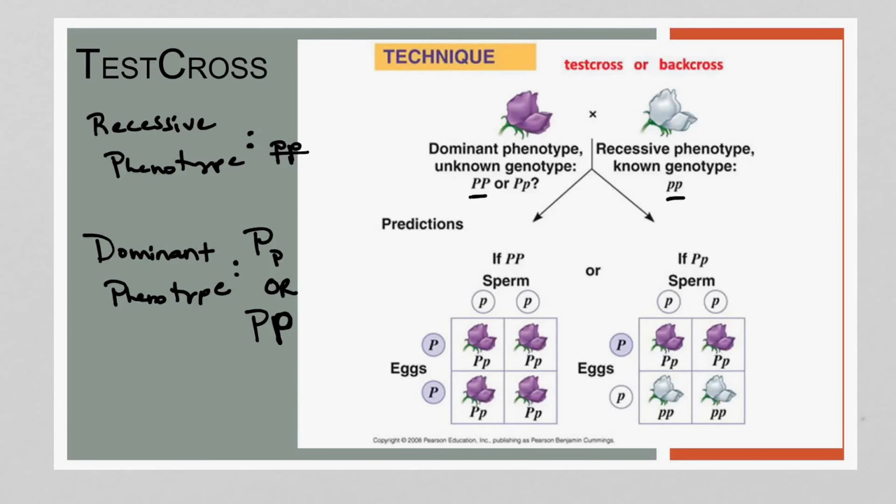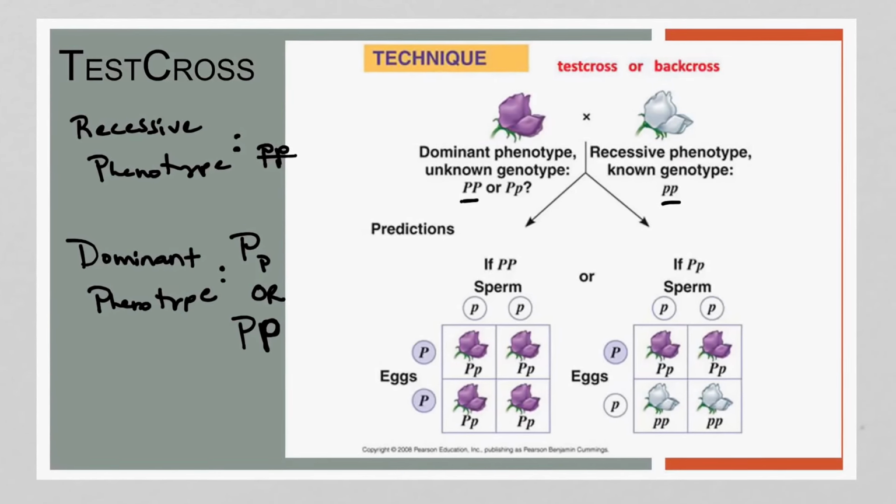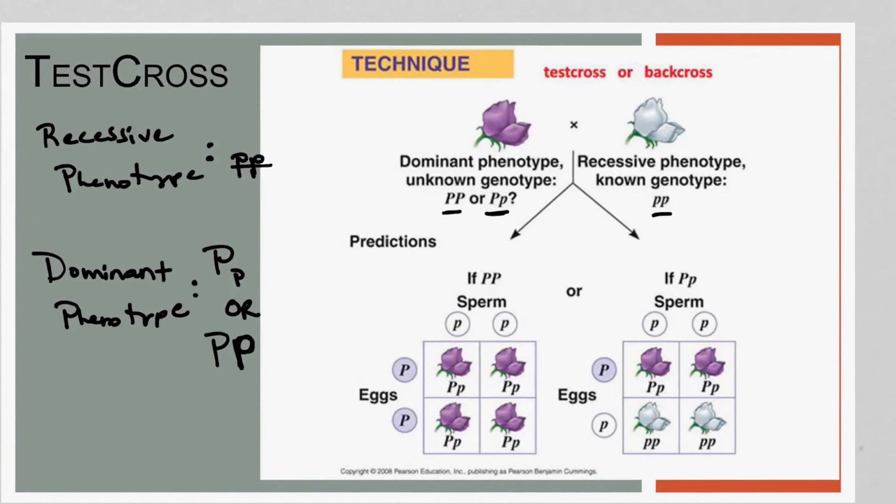If you knew for sure that another plant was homozygous dominant, that would work too. But usually a recessive genotype is used in a test cross because you know just by looking at the organism that it is indeed recessive for both alleles for that particular gene.